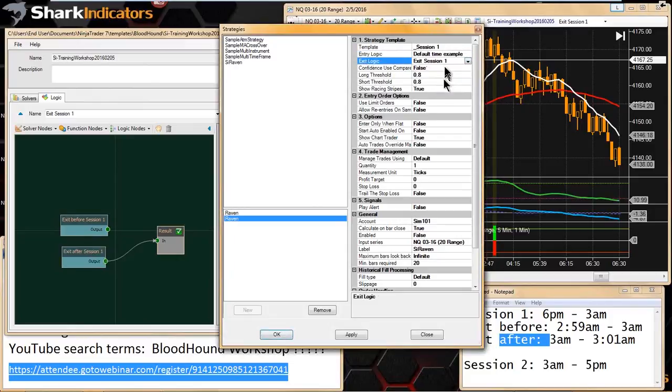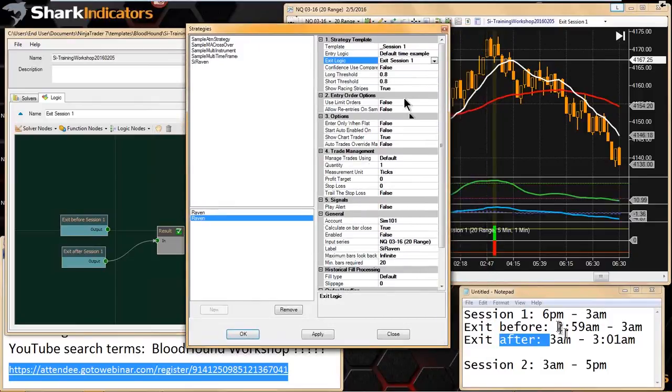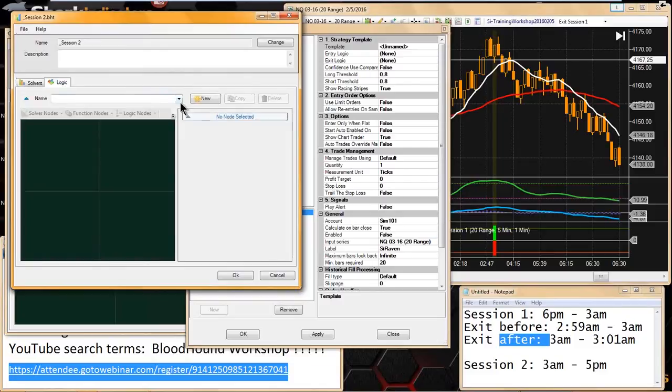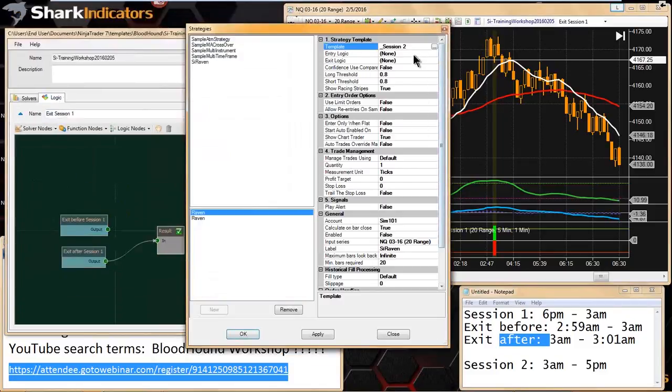Get those selected correctly. I've got one BloodHound file for session 1, our 6 p.m. to 3 a.m. Then obviously set your entry logic and your exit logic for that time. And grab the other Raven, and I'm sure you guys have already guessed, I'm going to load up session 2 for the other one.